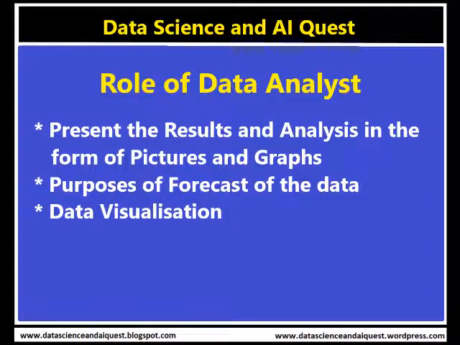Once the data has been analyzed, it is the duty of the IT professional, analyst, or manager to present the results in the form of pictures or graphs so that the organization would be able to understand the data easily. Such graphs also help them forecast the future of the company and its stock prices. This is called data visualization.